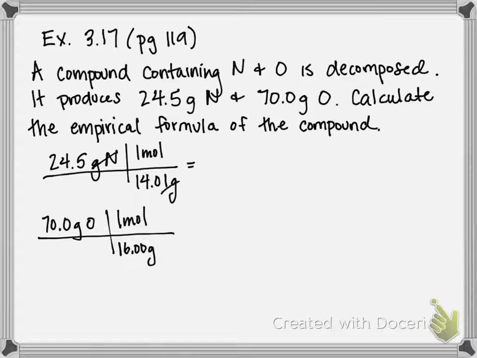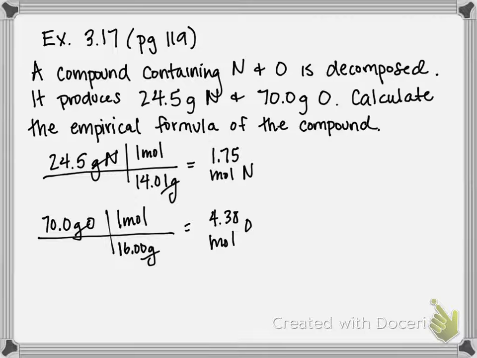So grams cancel in both of these cases. For nitrogen, we get 1.75 moles of nitrogen, and for oxygen, we get 4.38 moles of oxygen.